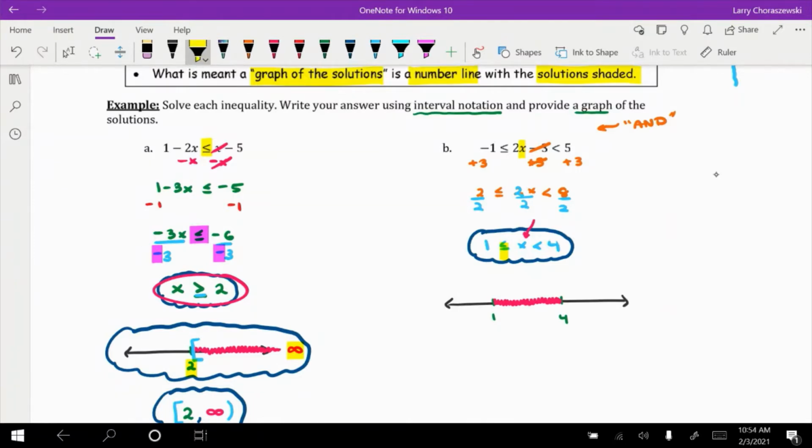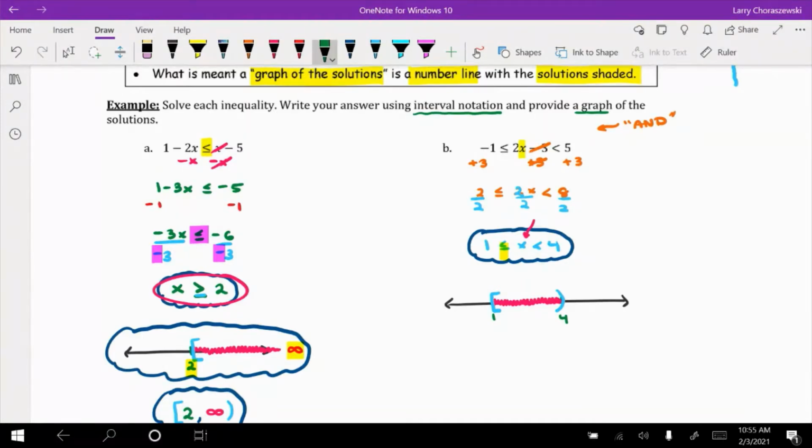Or I'm sorry, there's a bar underneath the inequality symbol. Oh, I got you. So you would use a bracket. But notice there's no bar underneath the inequality symbol associated with 4. So this is where you would use a parenthesis. That make sense? Yep. All right.